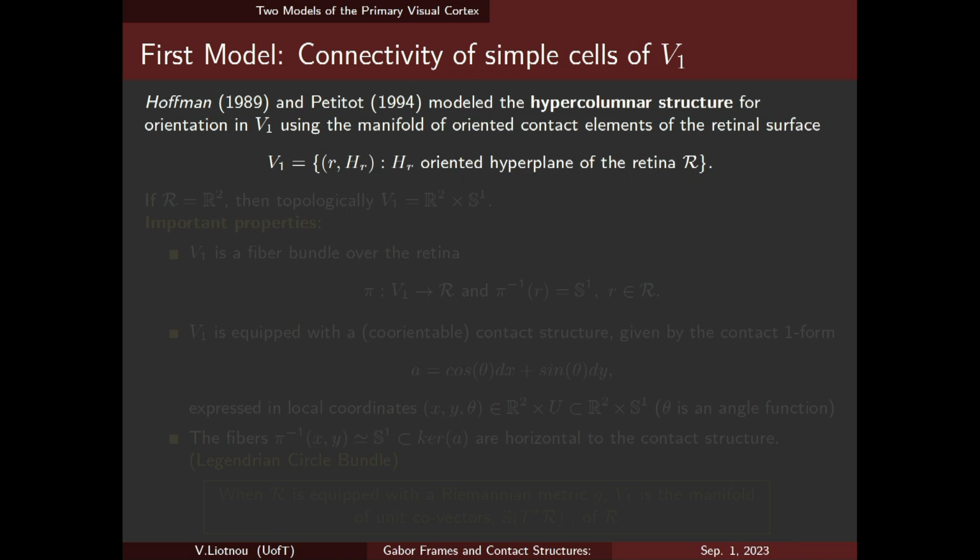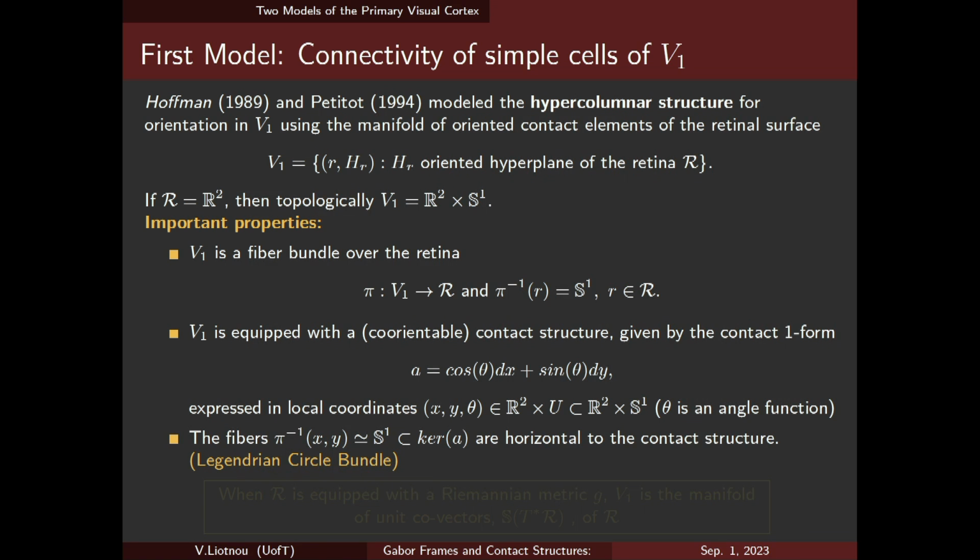A contact element is a tangent hyperplane at each point of the retinal surface. If we assume that the retina is isomorphic to R2, then the manifold of oriented contact elements is the product R2 times the circle, where the circle gives all the different orientations.